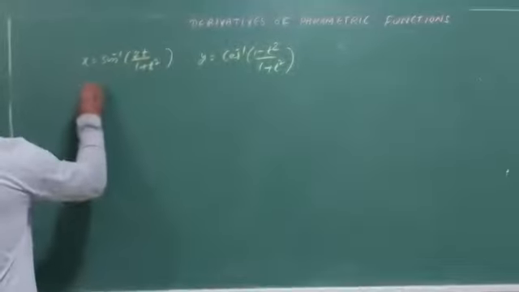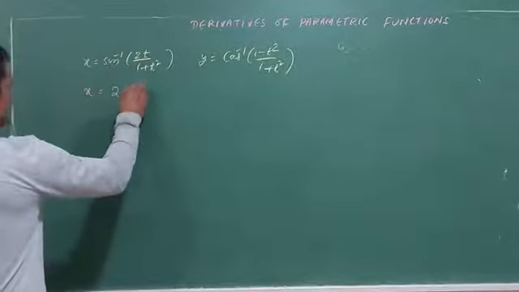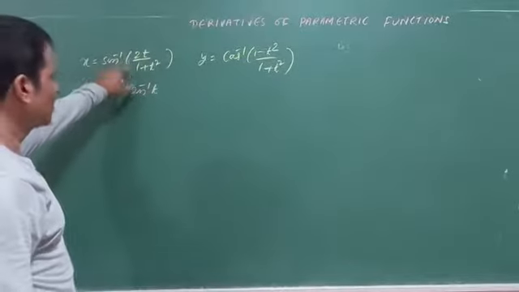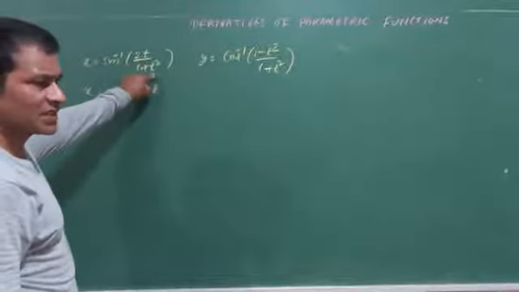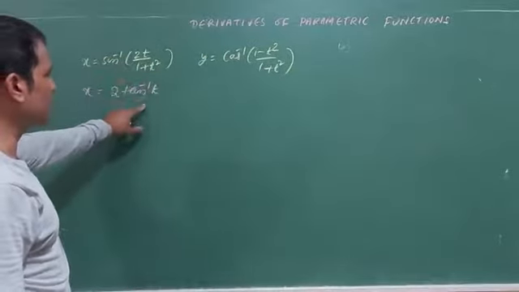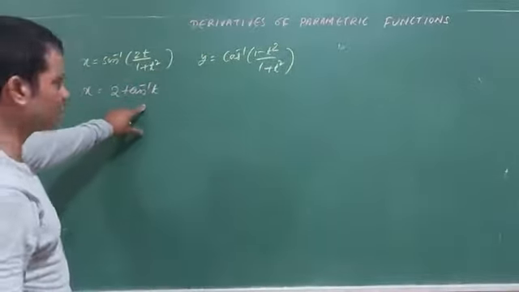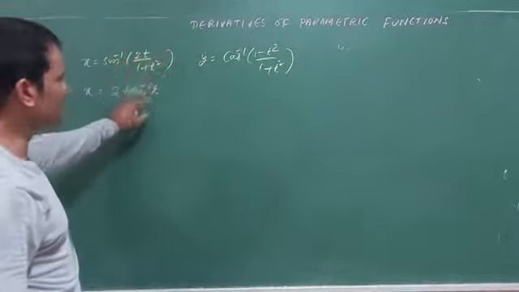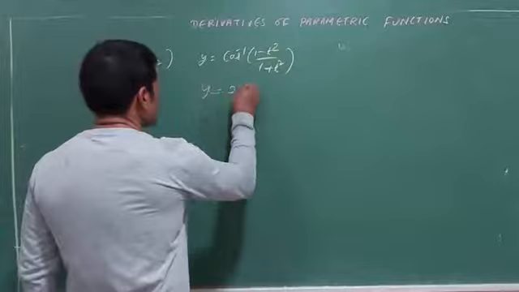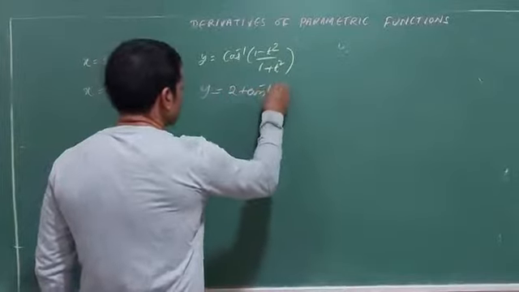Instead of this you can write x is equal to 2 tan inverse t. Or assume t is equal to tan theta: 2 tan theta by 1 plus tan square theta is the formula of sin 2 theta. Sin inverse sin 2 theta, 2 theta is left, and t is equal to tan theta, so theta is tan inverse t. Here also I can write 2 tan inverse t.